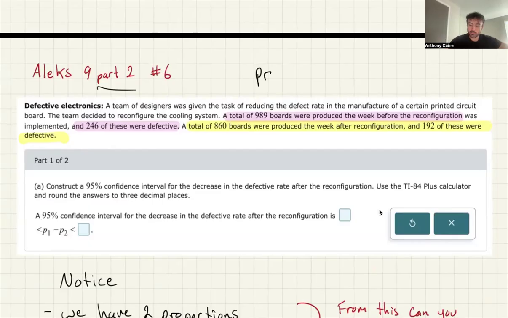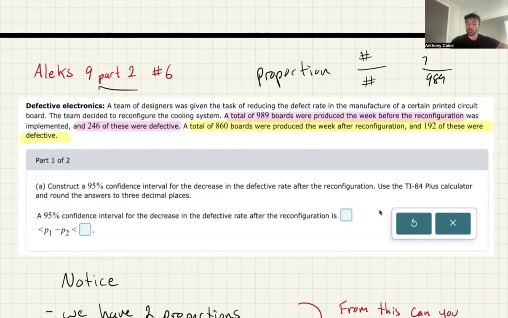Proportion problems will always be total number over total number, and that's the data they give you. So we know there were 989 boards and 246 of them were defective. That's the proportion of defective before reconfiguration. Proportion problems are always just counting how many things in a population test positive for some kind of trait. In this case, it's being defective.